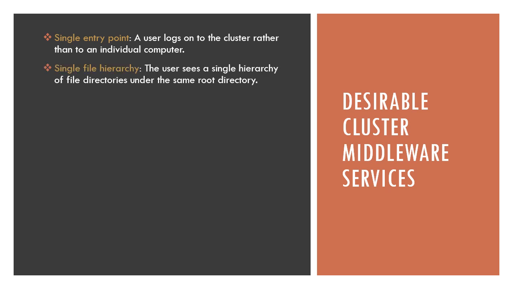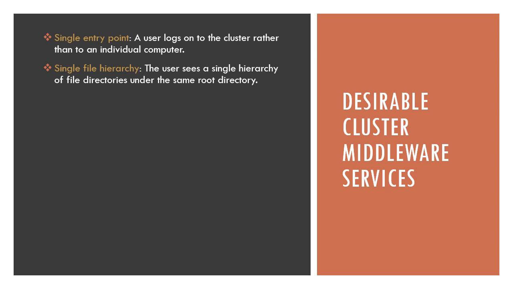Single file hierarchy. The user sees a single hierarchy of file directories under the same root directory. There are three computers in a cluster. Each has a C drive. In computer 1, inside drive C, there is a subdirectory named Uruj. In computer 2, inside drive C, there is a subdirectory named Ali.